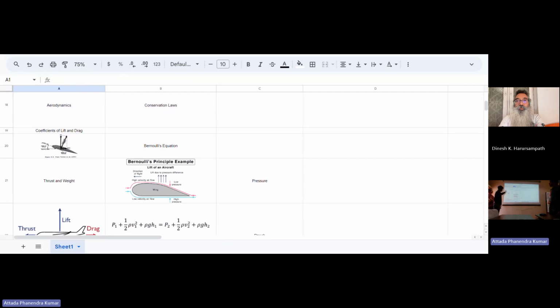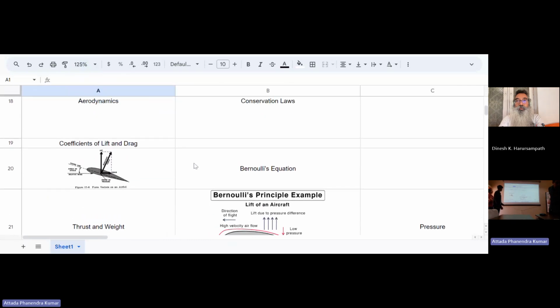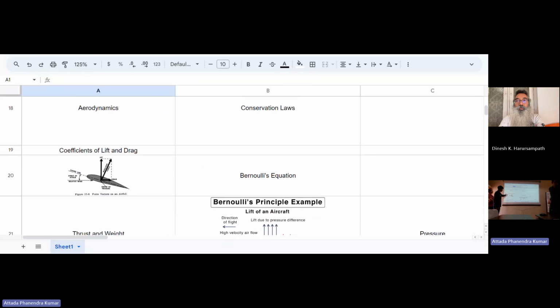So for loads, one thing that we should really cover is aerodynamics. We're all aerospace engineers here. So, coefficients of lift and drag, how they're applied on an airfoil, right? Those are all loads that are being applied when an airfoil is in flight.